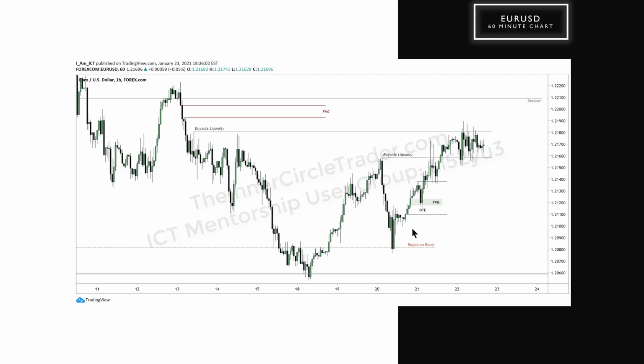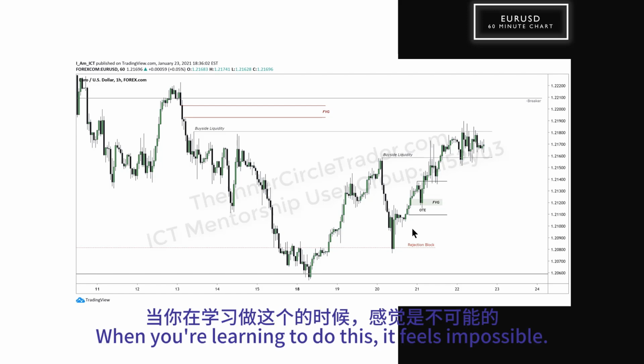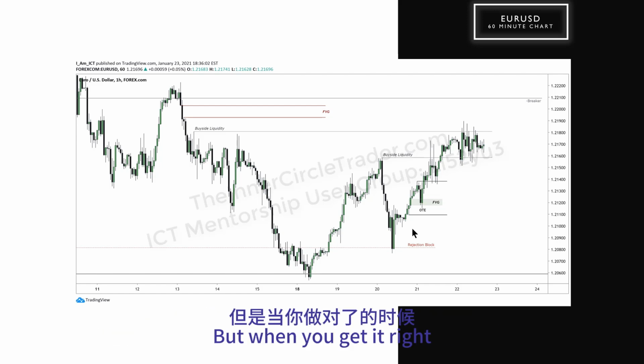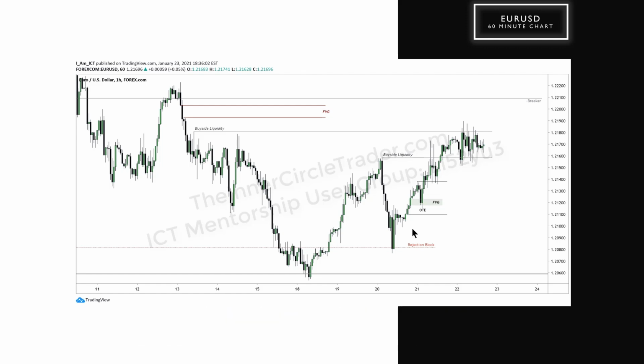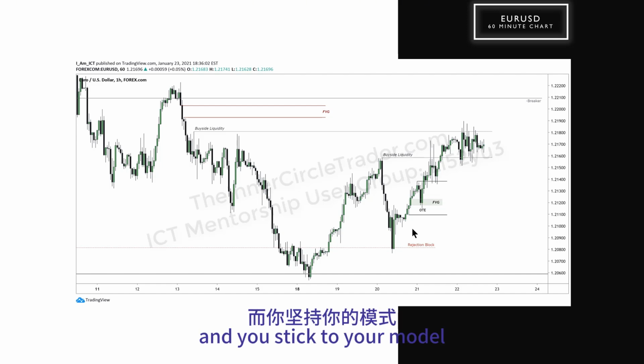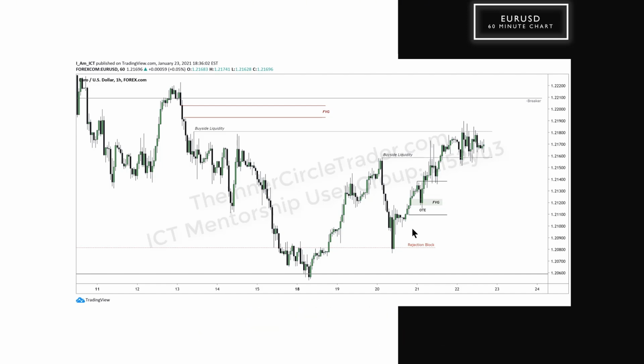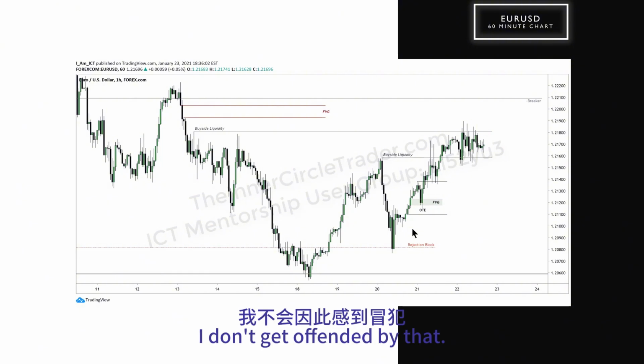because this is hard stuff. This is so hard. When you're learning to do this, it feels impossible. But when you get it right, and if everything around you says, and even me, maybe indicating something else happens, and you stick to your model and it delivers, that right there, I don't get offended by that.